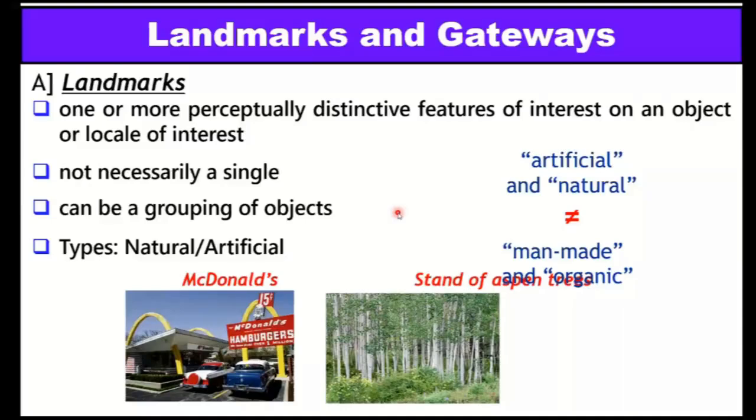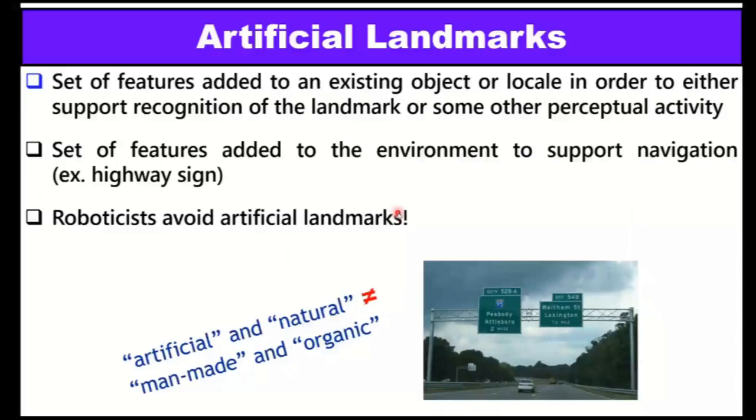Now landmarks are divided in two types. One is natural landmark and the other is artificial landmark. Now this natural and artificial is not like man-made and given by nature or organic. There are different definitions here, right?